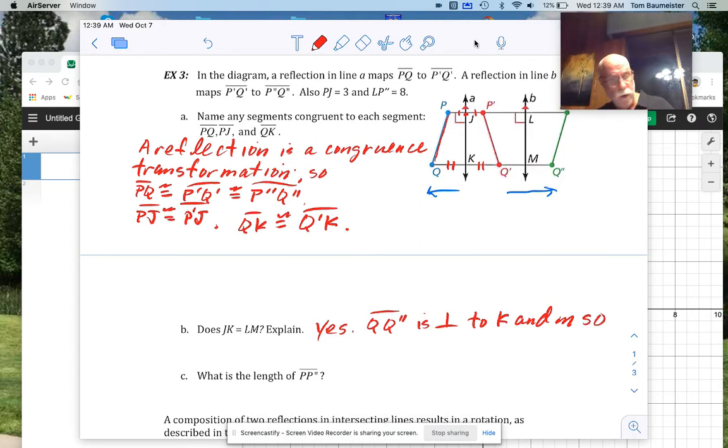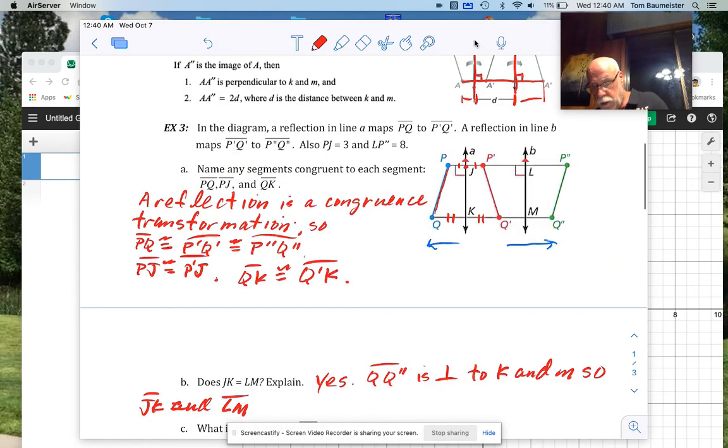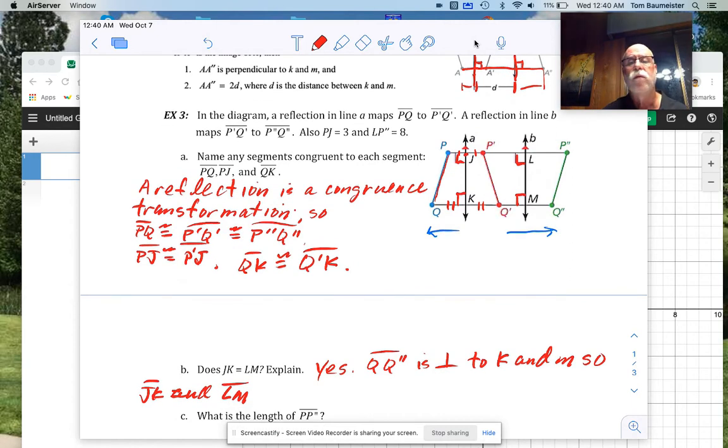So since we know that line segment JK and line segment LM, all right, since we know that these two were already told us they were perpendicular, I just told you that those two right there were perpendicular, right? So what has sides that are perpendicular, it has to be a square or a rectangle.